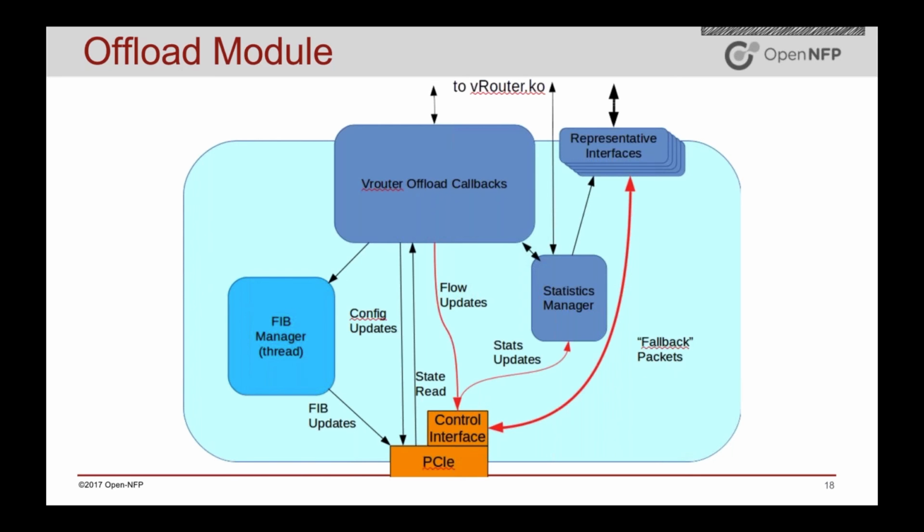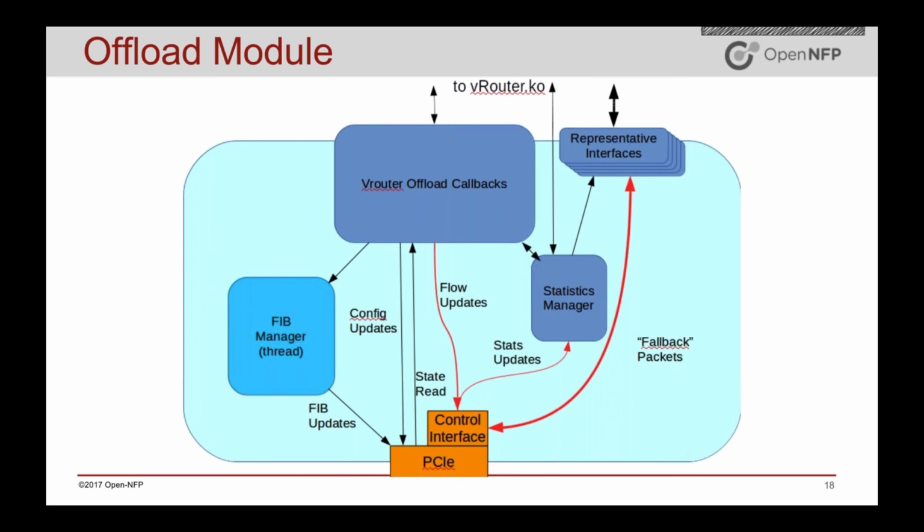Our routing table is double buffered in the NFP, so it builds a new routing table, and when it's finished doing that over regular PCIe reads and writes, it sends one more write to signal the NFP that it needs to switch over to using the new version of the routing table. So again, 3 different ways of interfacing with the NFP over the PCIe.